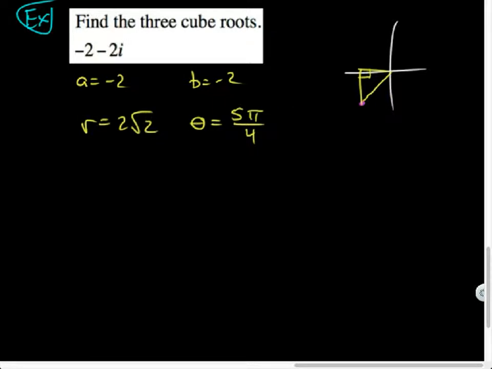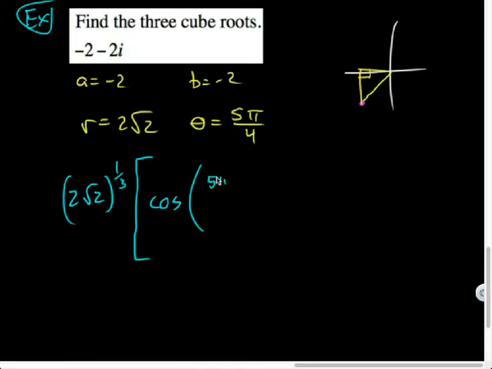So you can do that. So what I'm going to do is plug this in as follows. I'm going to have r, 2 square roots of 2, raised to the 1/3 power, because I'm doing cube roots, multiplied by, here's a square bracket for you, cosine of (5 pi over 4 plus 2 pi n) all over 3.